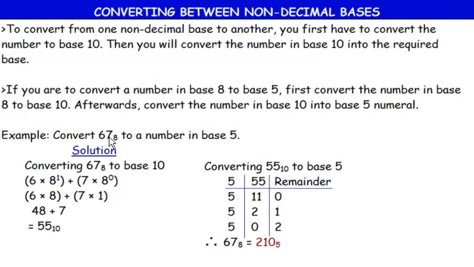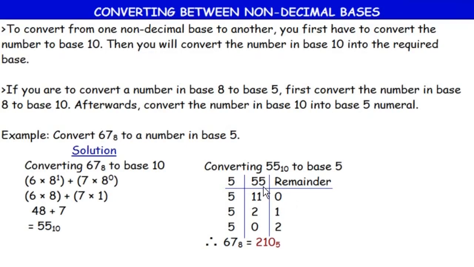So it means that 67 base 8 is the same as 55 base 10, but then we have to convert 67 base 8 to base 5 rather, not base 10. But because we know how to convert from base 10 to other bases, we can likewise convert 55 base 10 to base 5.